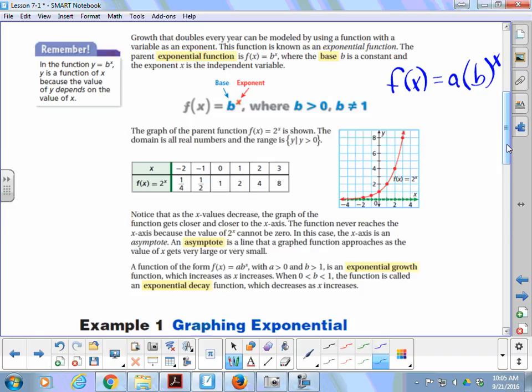If b is between 0 and 1, we have exponential decay. So the numbers will get smaller all the time. And if we have exponential decay, the graph will look like this. It will go that way. So growth goes up as it goes to the right, and decay comes down as it goes to the right.